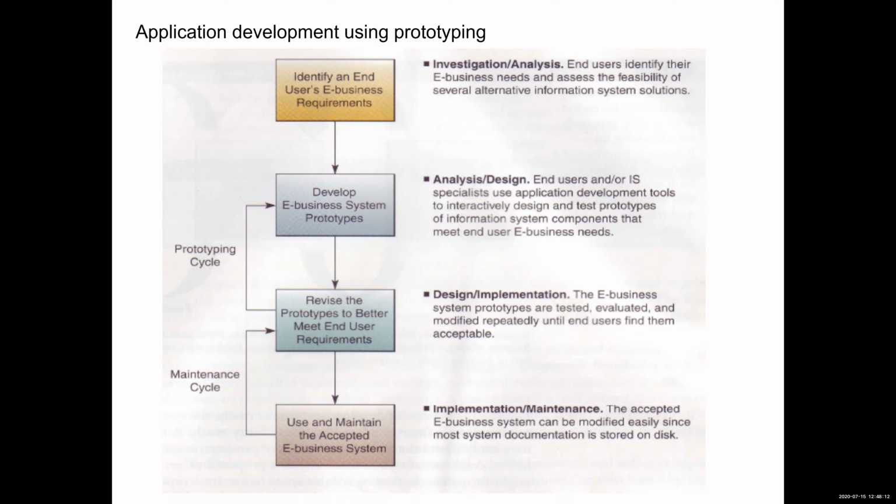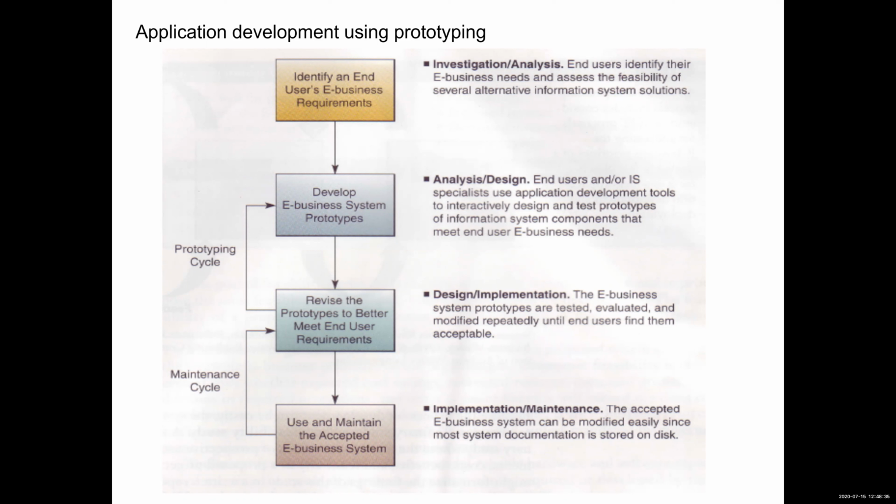So that's what it's all about. So first you develop, and then you test it with the requirements of the end user. And if it's not sufficient, you go back and fine-tune your design until it meets that. Now, once it meets it, then you exit, and then you design and implement the system.